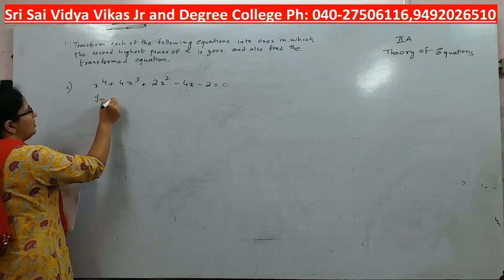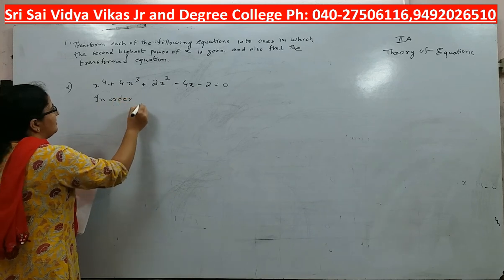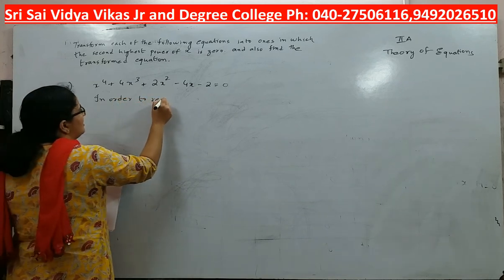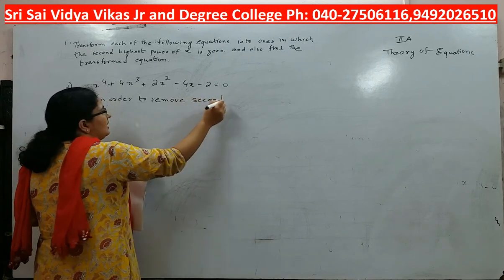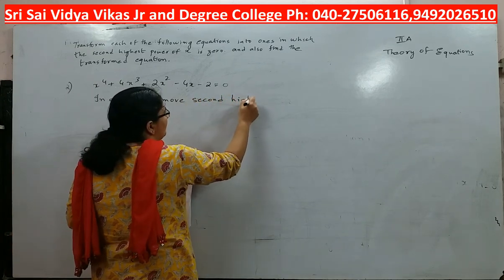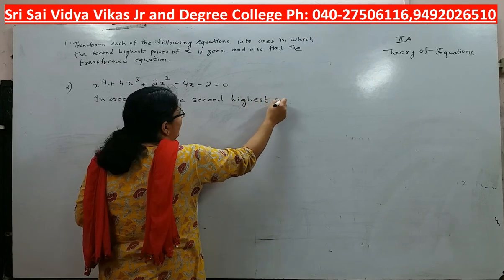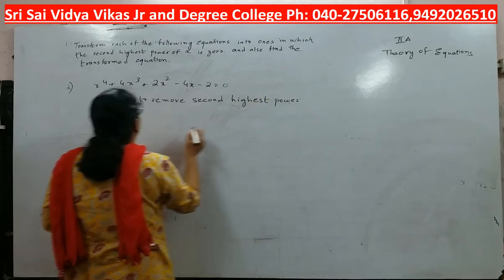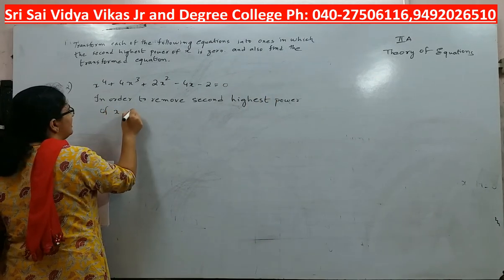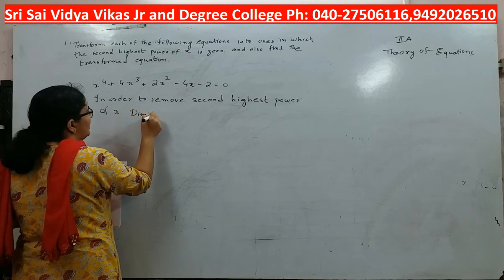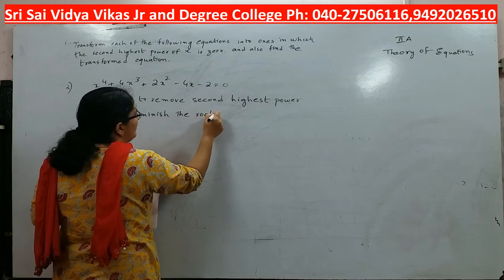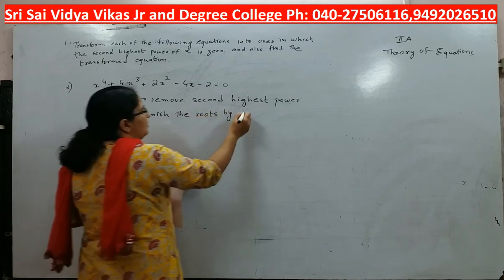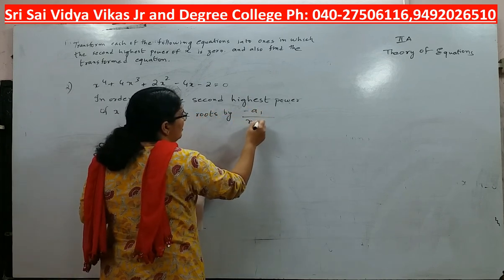In order to remove the second highest power of x, diminish the roots by minus a1 by n into a0.